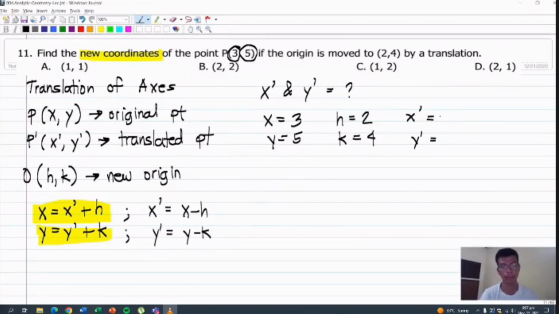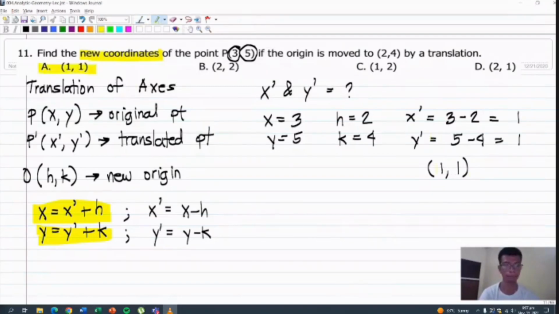So x prime is 3 minus 2, and y prime is 5 minus 4. Both are equal to 1. Our point will be (1, 1).